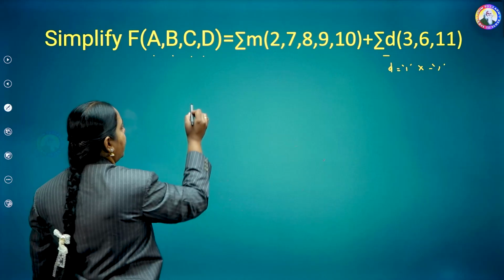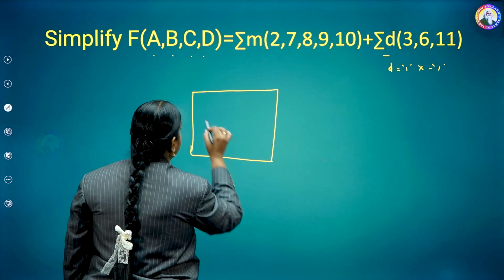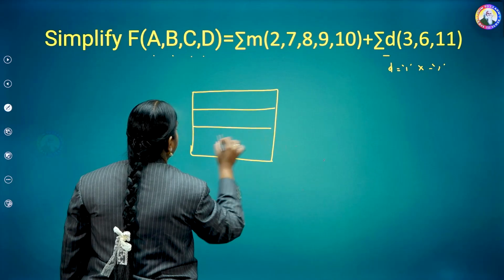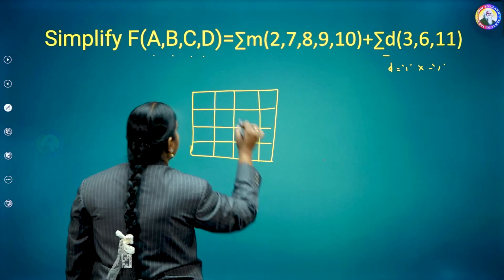As it is a 4 variable K-map, I need to draw a 4 variable K-map with respect to the variables A, B, C, D, right.